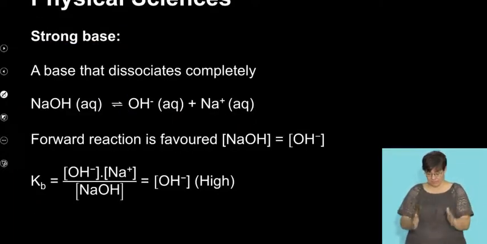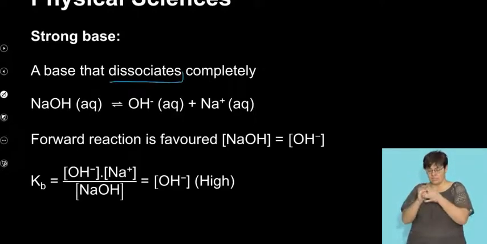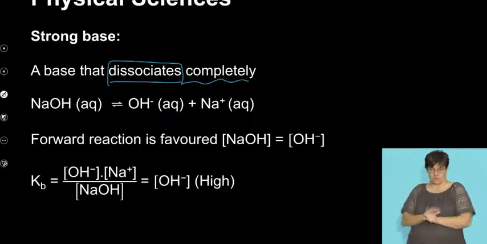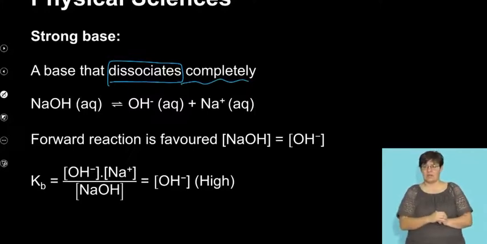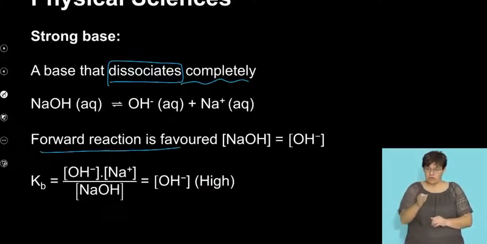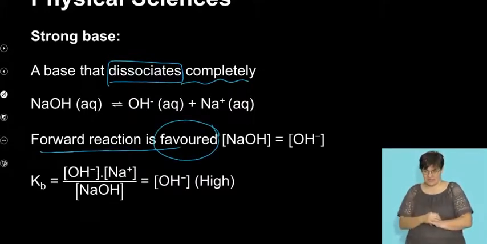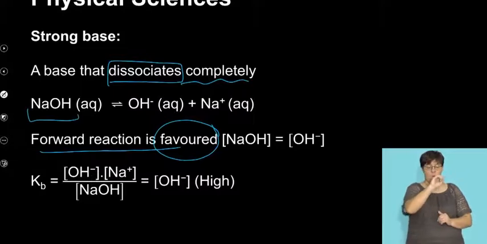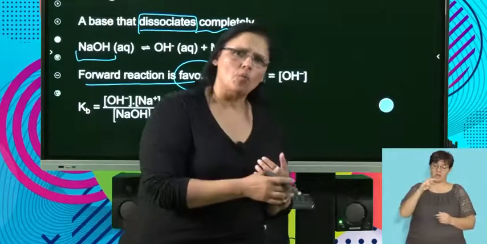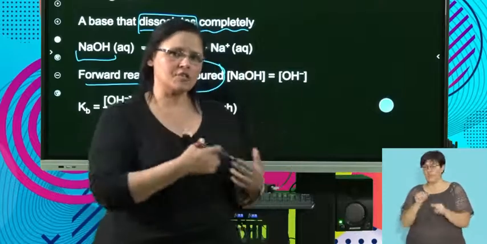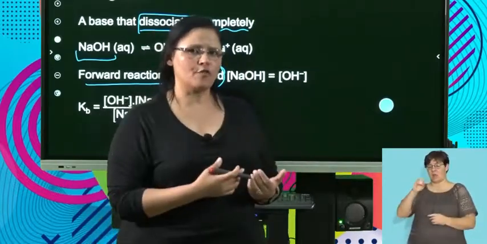Now a strong base is a base that dissociates completely. What does that mean? It basically means that the forward reaction is favored. If sodium hydroxide should decide to be in molecular form or in ionic form, it will rather dissociate and be in ionic form.